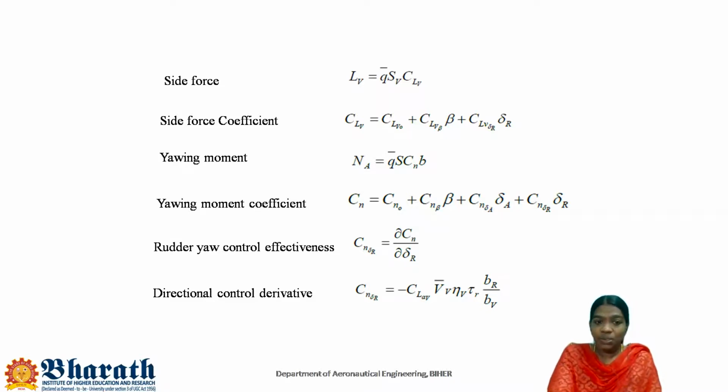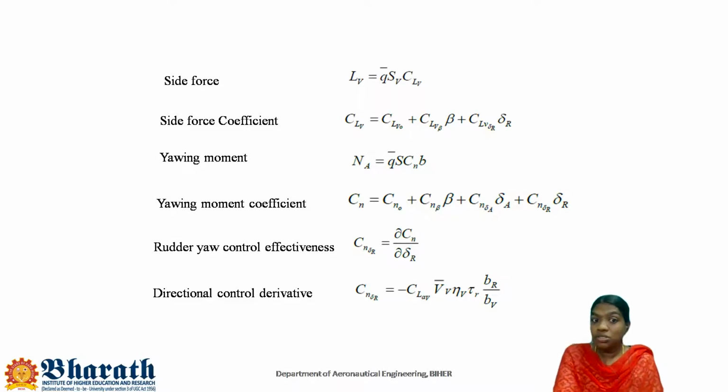And η_V is the vertical tail dynamic pressure ratio, the ratio of the dynamic pressure of the vertical tail to the dynamic pressure of the free stream, so it is q_V by q_∞. And τ_R is referred to as the rudder angle of attack effectiveness parameter.